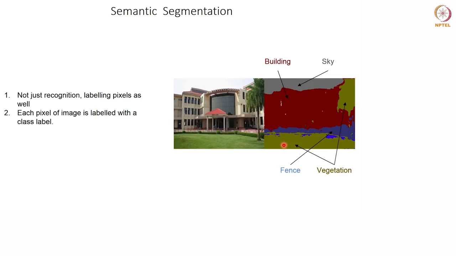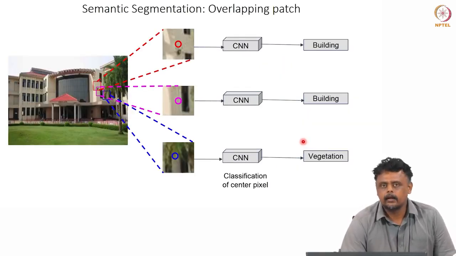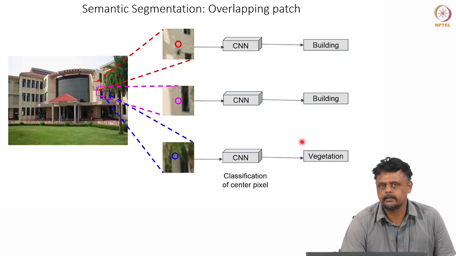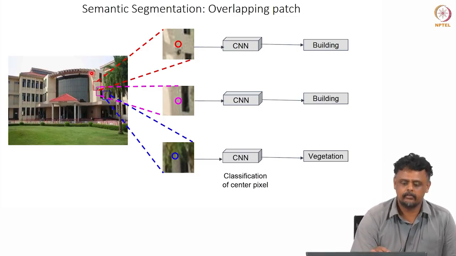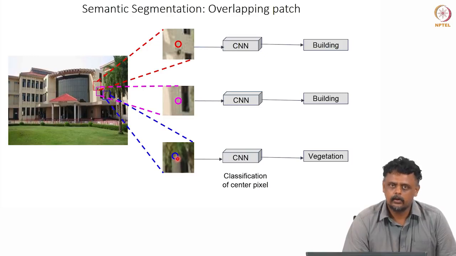So how would you accomplish this with some of the networks that we have seen so far, with a regular conventional CNN? Take this input, the same scene of a building surrounded by lawns. What we typically do is take patches of certain sizes, let's say 64 by 64 patches, and give them as input to the convolutional neural network to classify each as belonging to one of n classes.